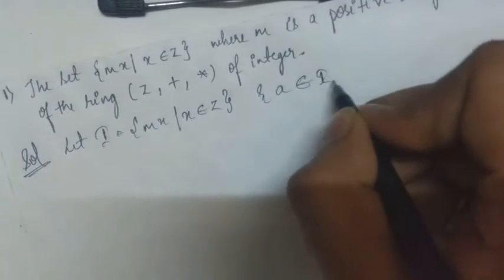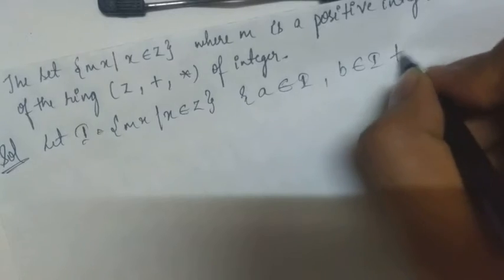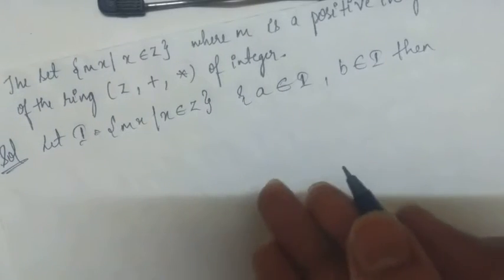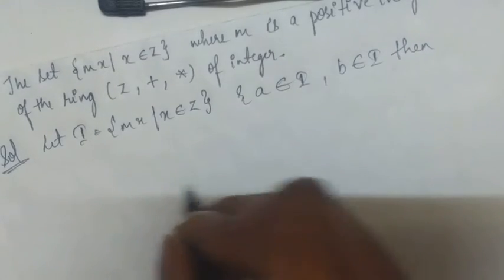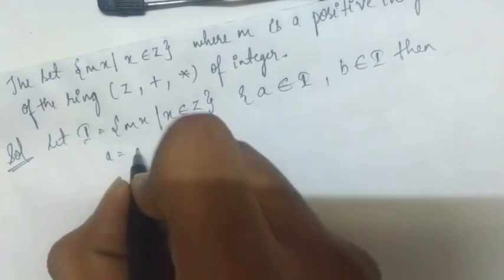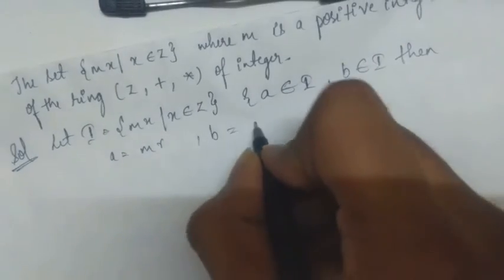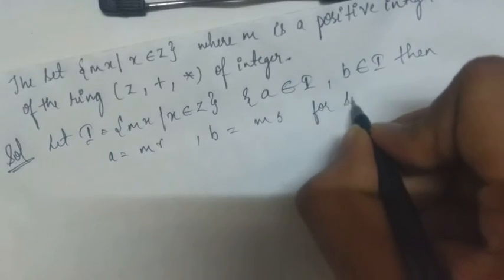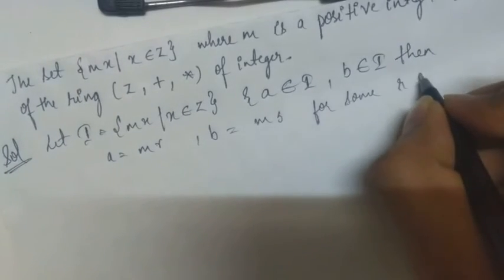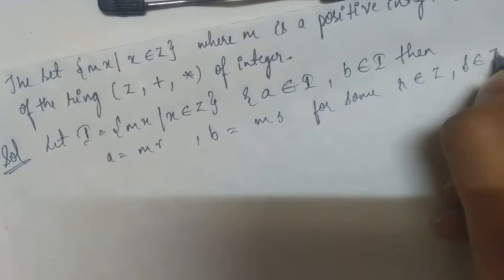Here let's take a belongs to I and b belongs to I. Then we know the property a minus b, so we are taking a and b here. Let a equal mr and b equal ms for some r belonging to z and s also belonging to z.